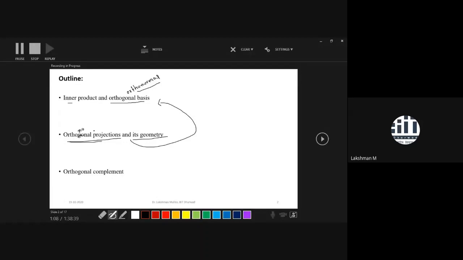With the help of this orthonormal projection, call it always orthonormal. There is not much difference between orthonormal and orthogonal.